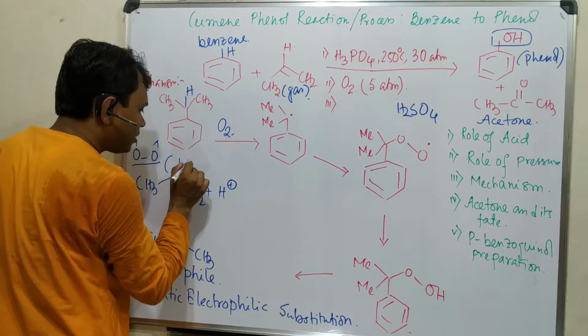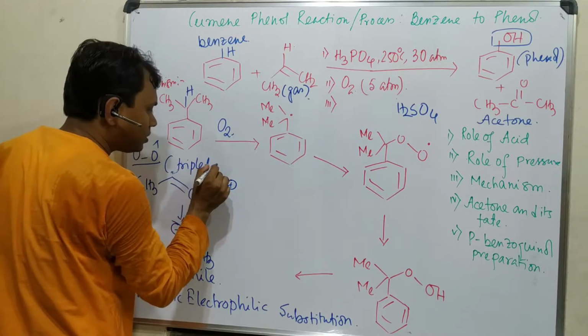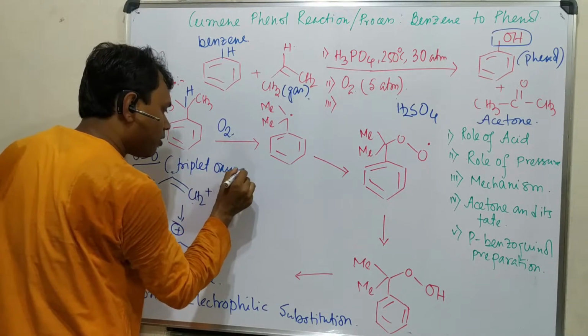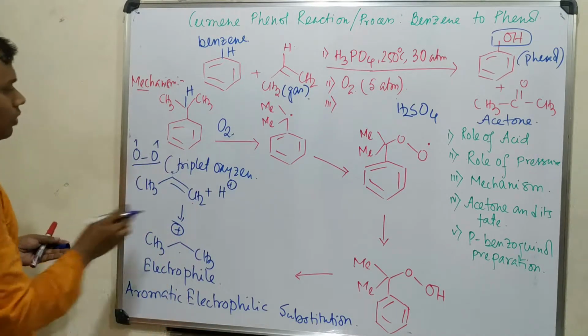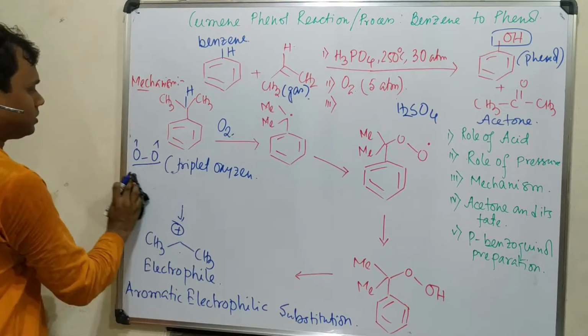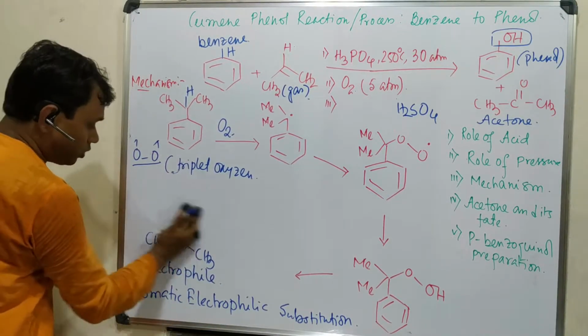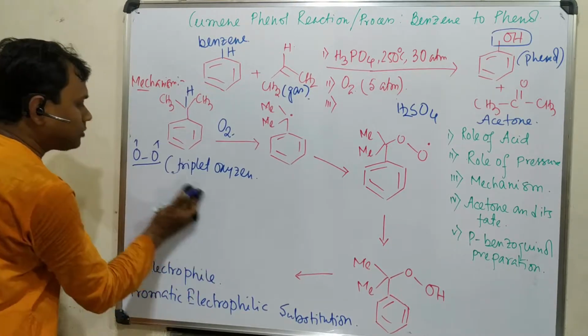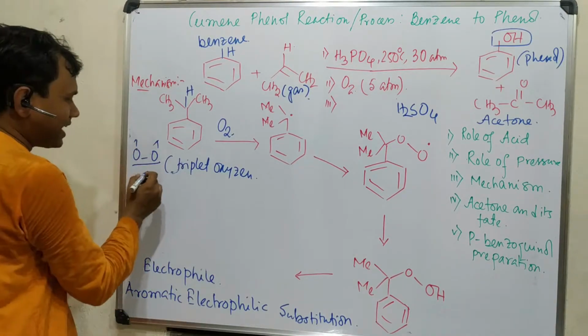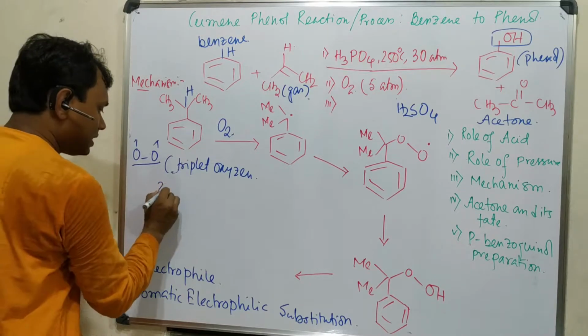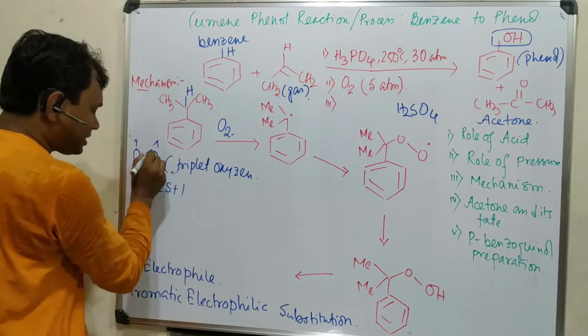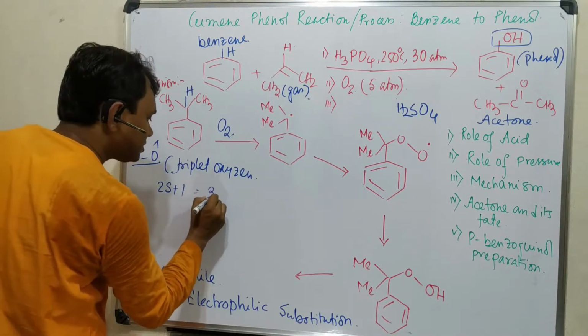Why? Because there are two unpaired electrons on this oxygen. That's why the spin multiplicity, 2S plus 1, where each is half, ultimately becomes 3.